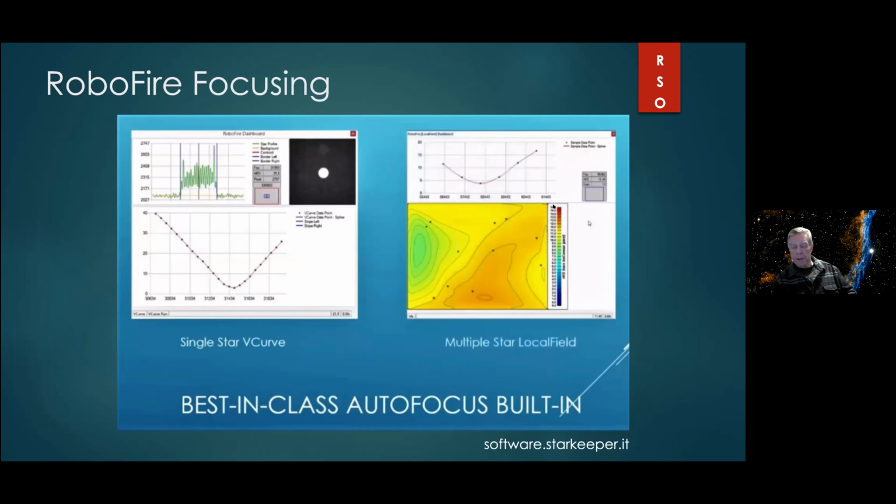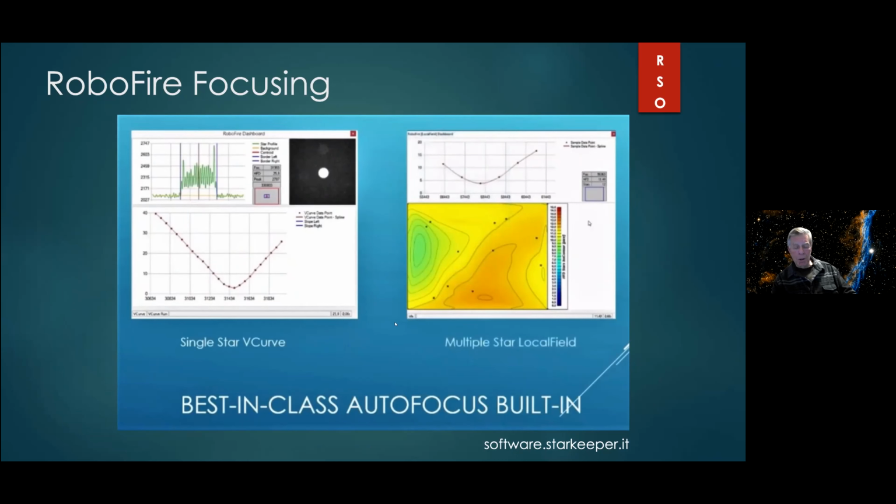The focusing system within Voyager is called RoboFire. I was one of the beta testers on Focus Max 4, and so I actually was able to see and learn the whole development cycle for Focus Max 4, and if you look at the setup menus and everything, and the V curve generation, all very, very similar to Focus Max. 2 different focusing modes.